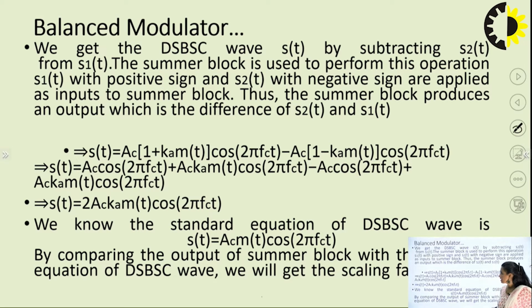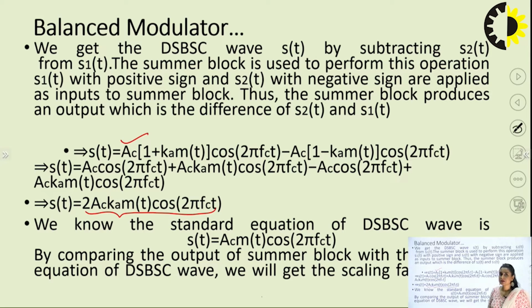Here, what can I write as s(t)? s(t) is S1 minus S2, right? So this is my S1 and minus of S2. This is my S2. If I expand it further, I get this expression, and when I simplify it, finally I get this.